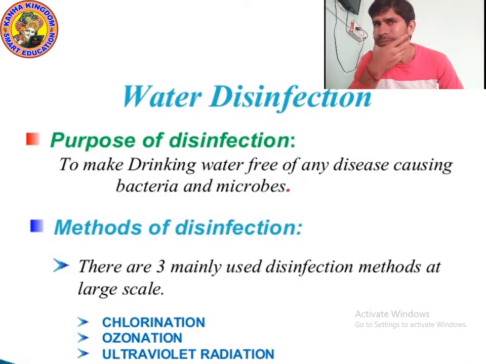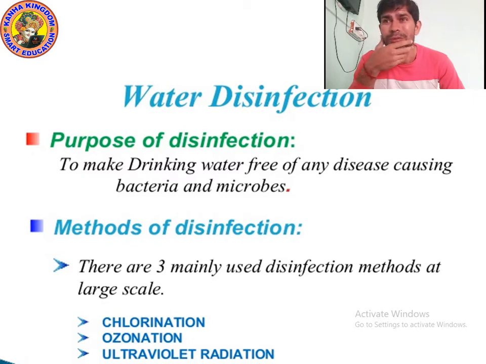And if we talk about the ultraviolet radiation method, it is also a method to purify water. When ultraviolet rays penetrate the cell wall of any organism, they can damage the genetic material and prevent the cell from reproducing. Nowadays these rays are used to make water clean.